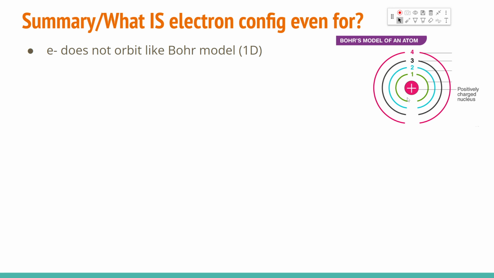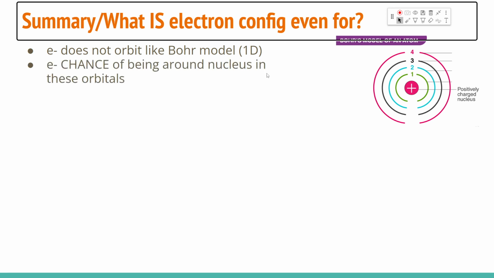We're seeing the electrons here and the energy levels wherever they're at. But electrons are in 3D space. And so the chance of electrons being around the nucleus are these orbital rooms. So we're drawing these rooms and these are where the electrons are most likely going to be. Are they always there? Not necessarily, but most of the time they're going to be in there.